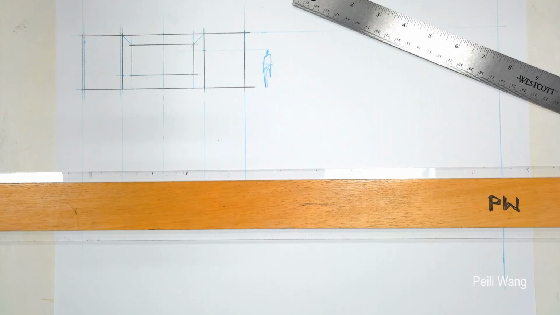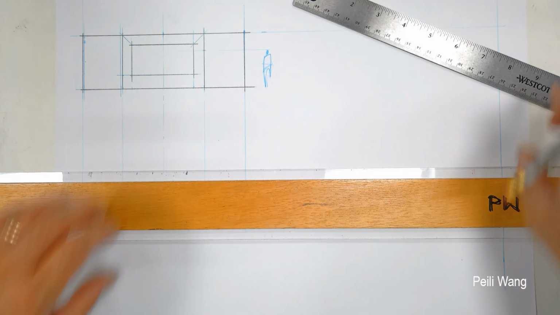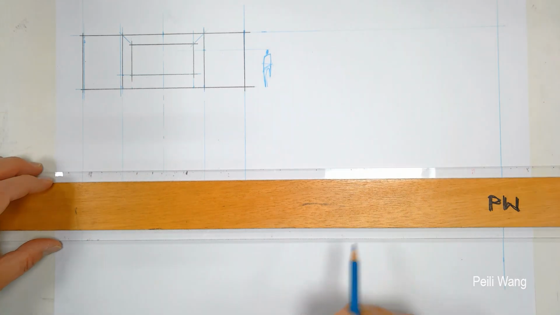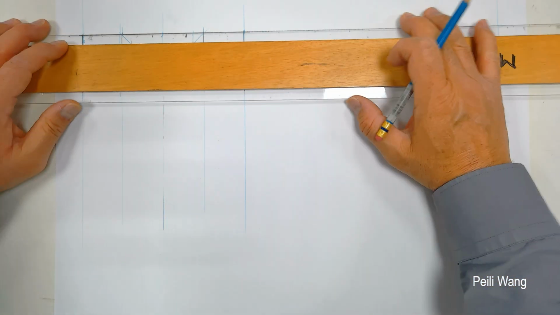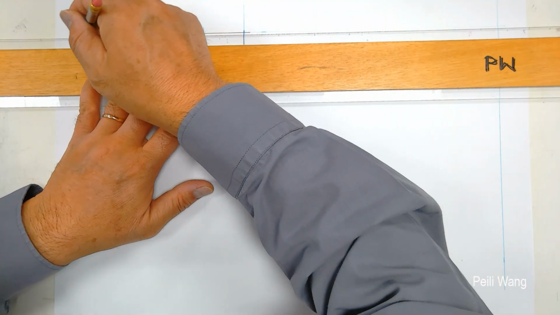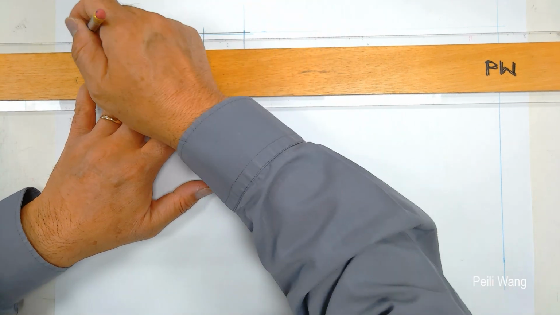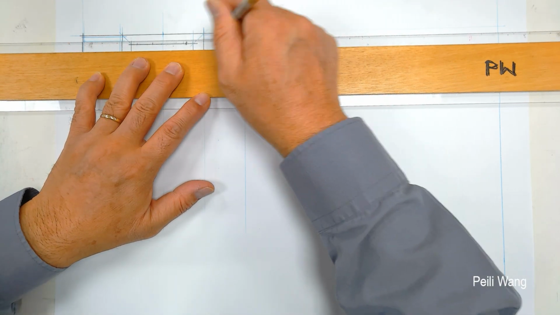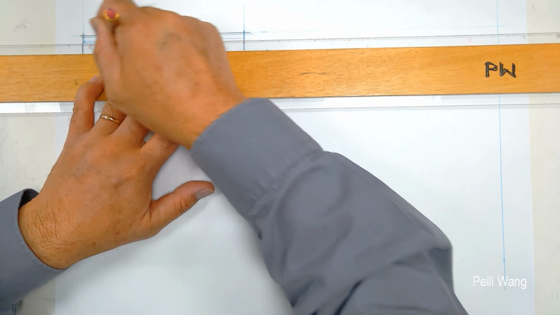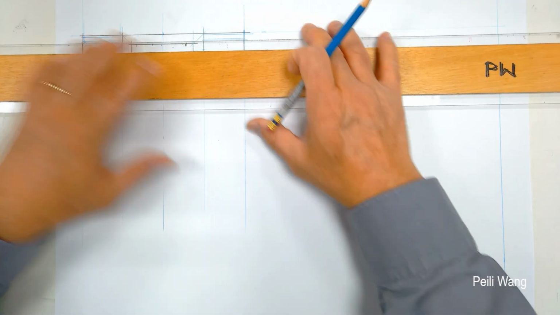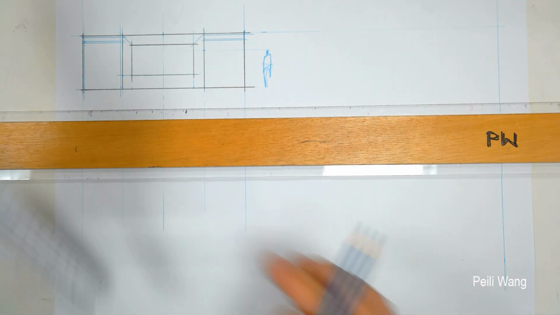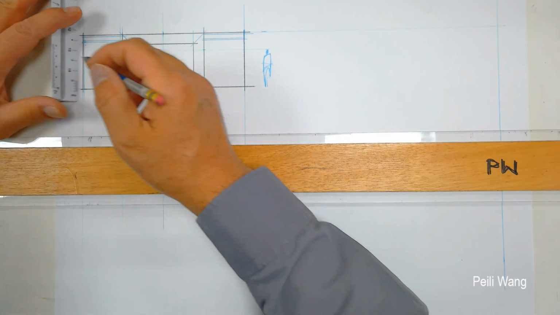No, we use quarter. Yeah, you cannot use half, it won't fit this paper. We only use quarter inch. Okay, here to here. So this is the same size. Okay, perfect.